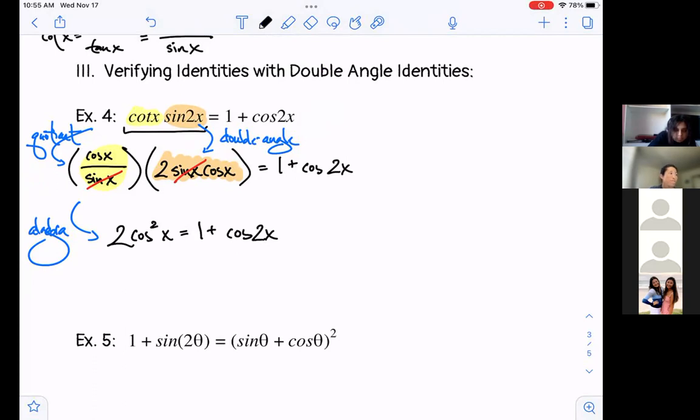So over here, I know eventually I want to get to a cosine double angle. And I know that I have some choices to make the double angle identity happen. How many of those choices to make the cosine double angle have a cosine squared in it?